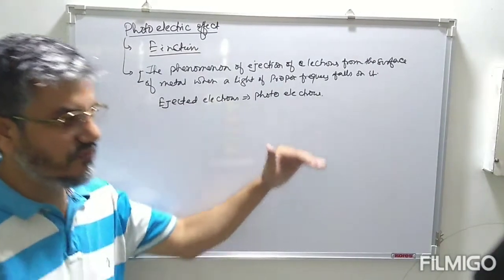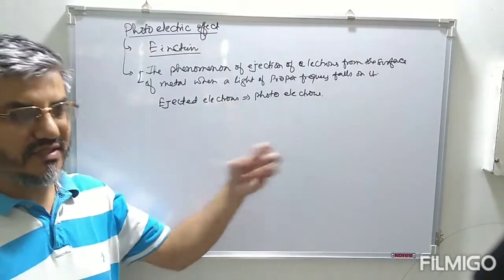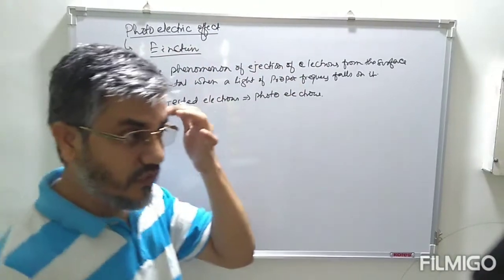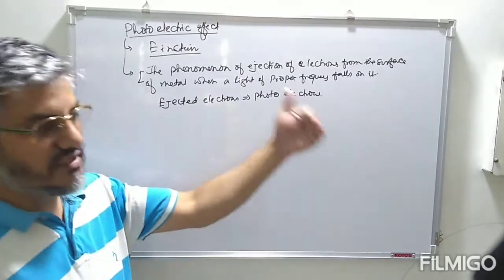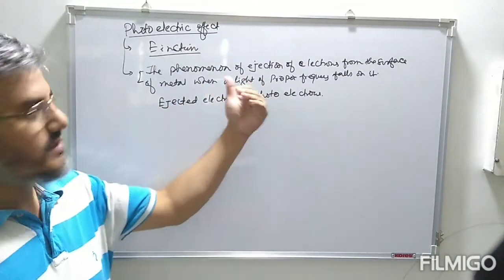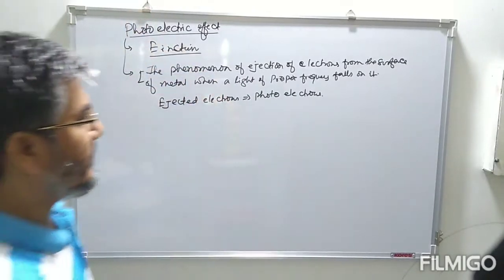After ejection from the surface, electrons are moving with certain velocity, then ejected electrons are known as photoelectrons, and the phenomenon of ejection of electrons by use of frequency of light is known as photoelectric effect.